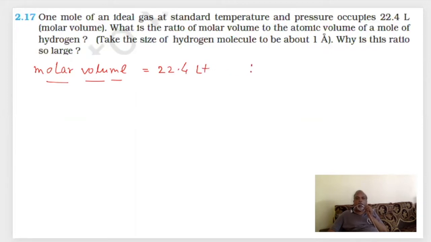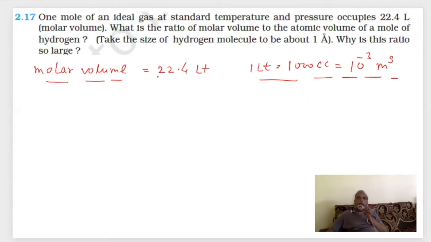And 1 liter, you already know, is 1000 cc, or this can be written as 10 to the minus 3 meter cube. Correct? These conversions, please remember how to convert all these things. So this is the molar volume given.